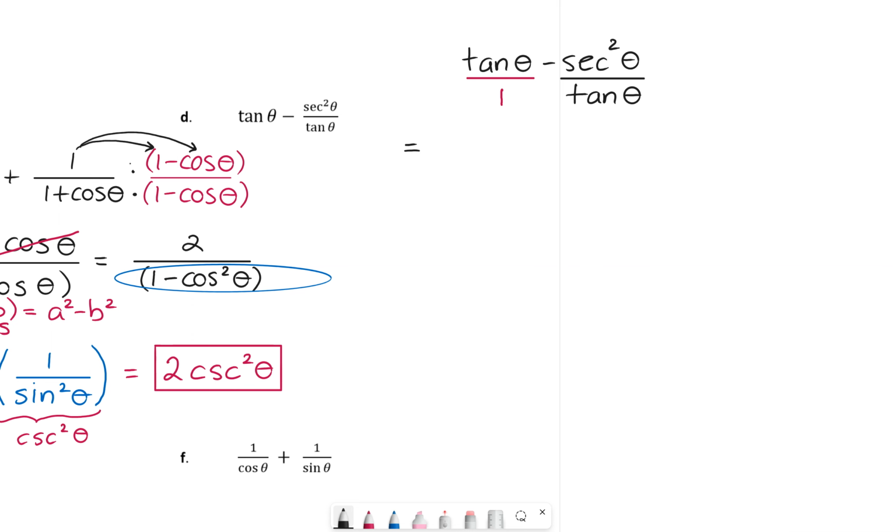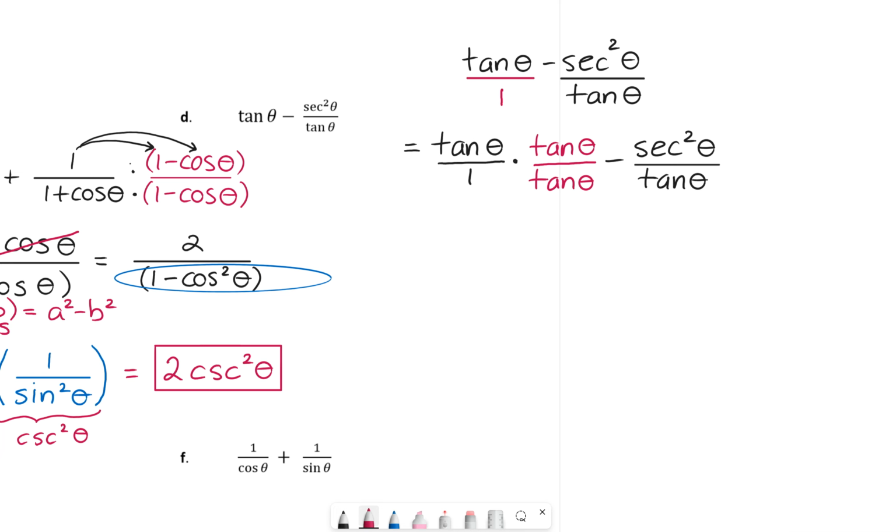And now I'm able to do what I was doing earlier of writing the given problem and multiplying it by the other fraction's denominator. Take that denominator and multiply it top and bottom. And then I need to write the minus secant squared theta all over tangent theta. And I need to multiply it top and bottom by the other denominator, which was just a 1.